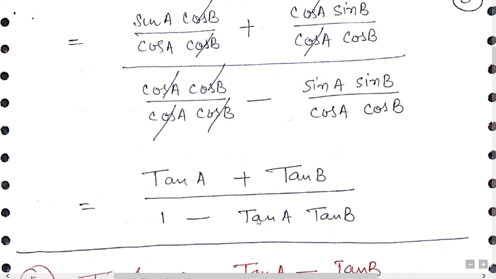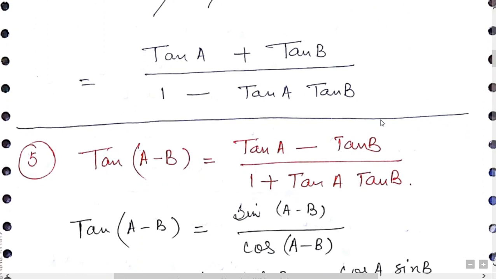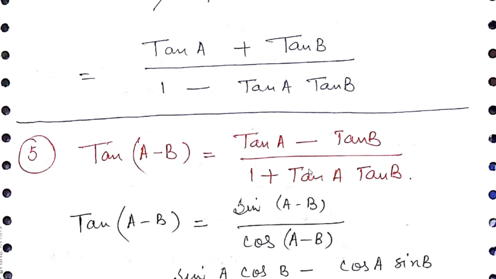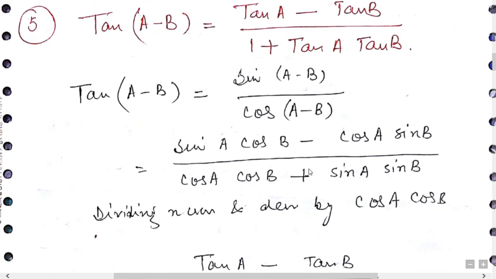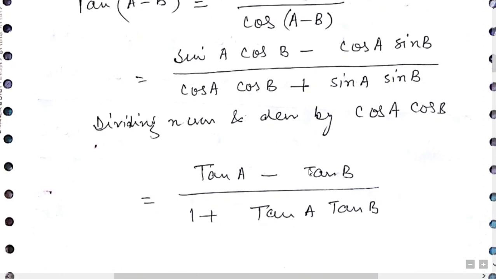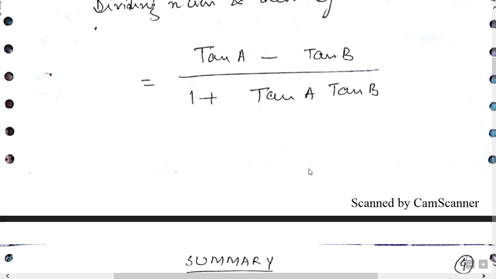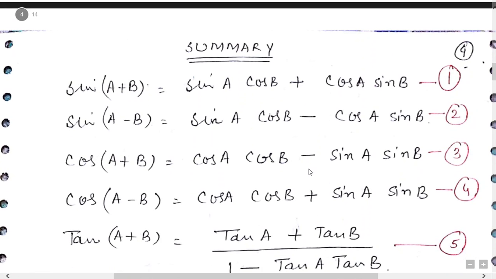This term is 1 and last term is tan A tan B. Similarly, you can find this formula. Only the difference is there. In the above equation, tan(A+B) is there, and in this, tan(A-B) is there. In numerator, negative sign is there, and in the denominator positive sign is there. You can calculate the same value.